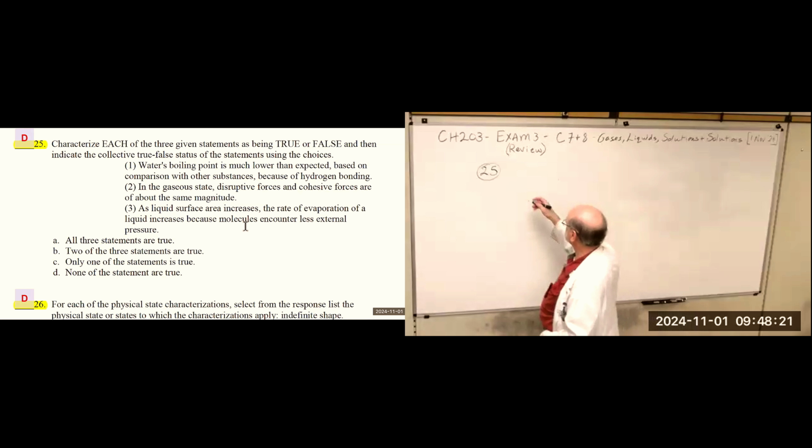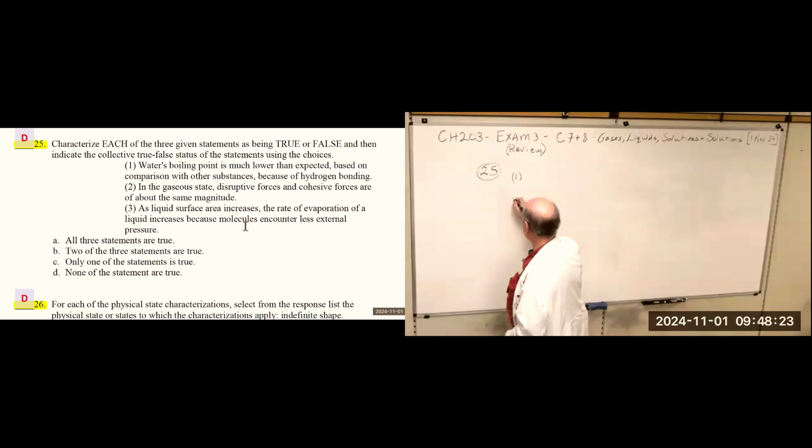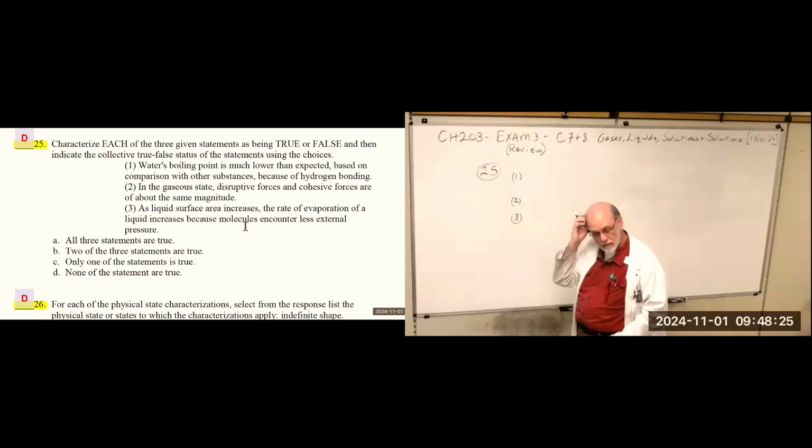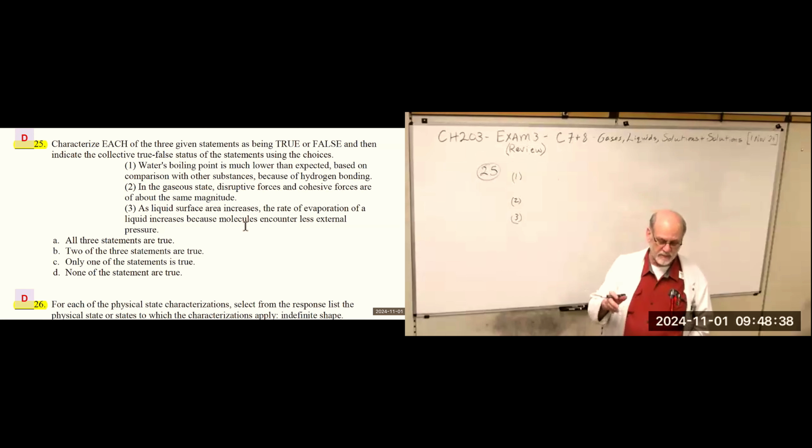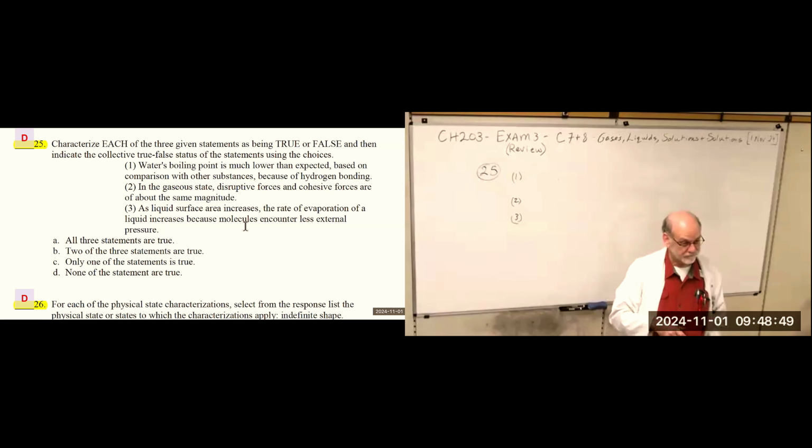Let's see, 1, 2, and 3. Water's boiling point is much lower than expected based on comparison with other substances because of hydrogen bonding. Well, the part about hydrogen bonding is true. But water's boiling point is much higher than expected, right?